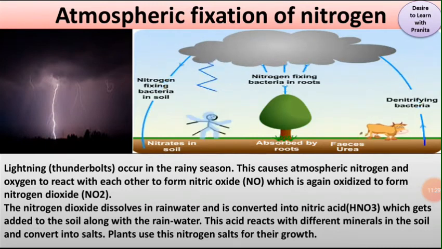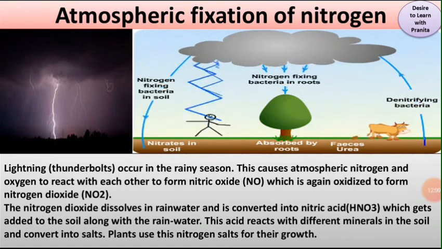As you know, lightning causes atmospheric nitrogen and oxygen to react with each other to form nitric oxide, which is again oxidized to form nitrogen dioxide, NO2. The nitrogen dioxide dissolves in rainwater and is converted into nitric acid, HNO3, which gets added to the soil along with the rainwater.